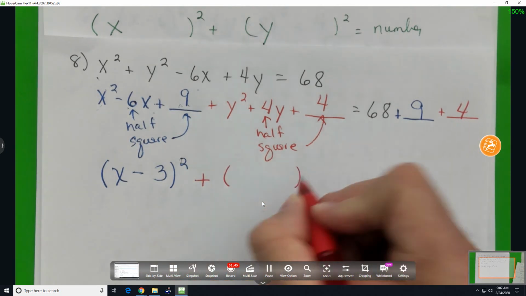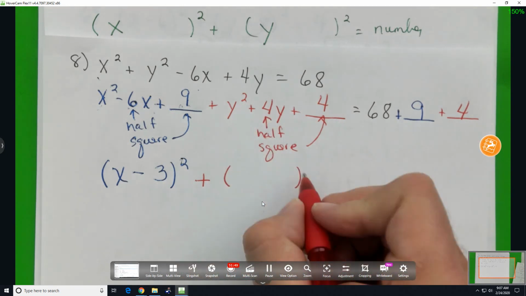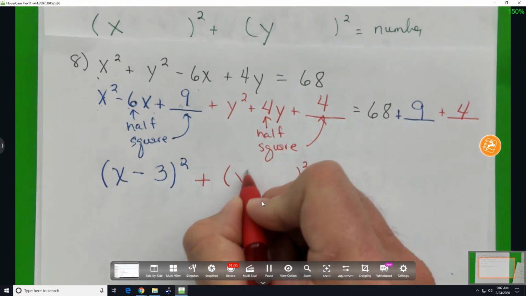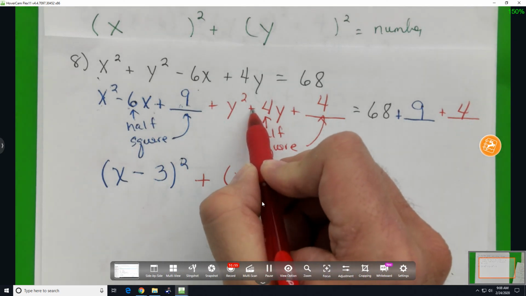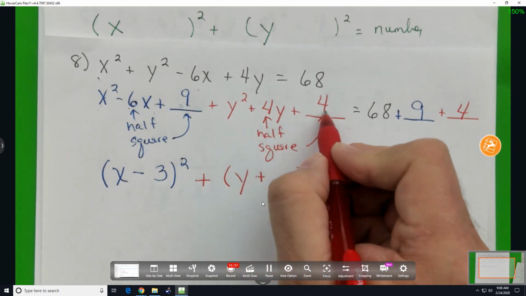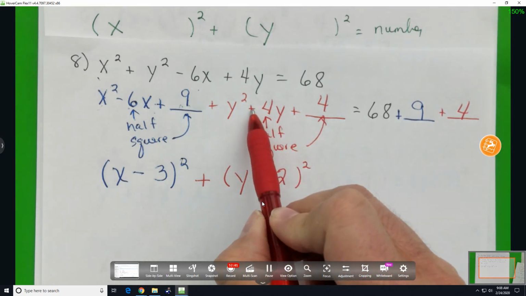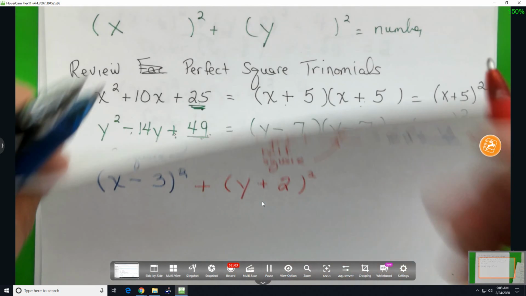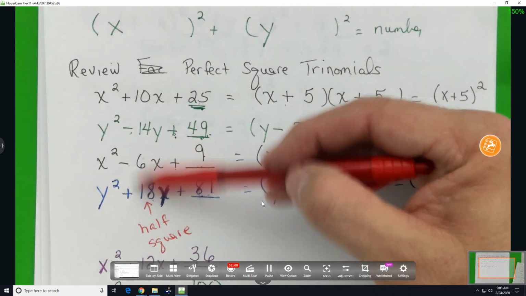So how would I write or factor these 3 red terms here? I'll write y. It's going to be this sign here plus, and then 2. Why am I looking at this sign here? Well, when we're doing it by trial and error, if the second sign is plus, it's two of the first.